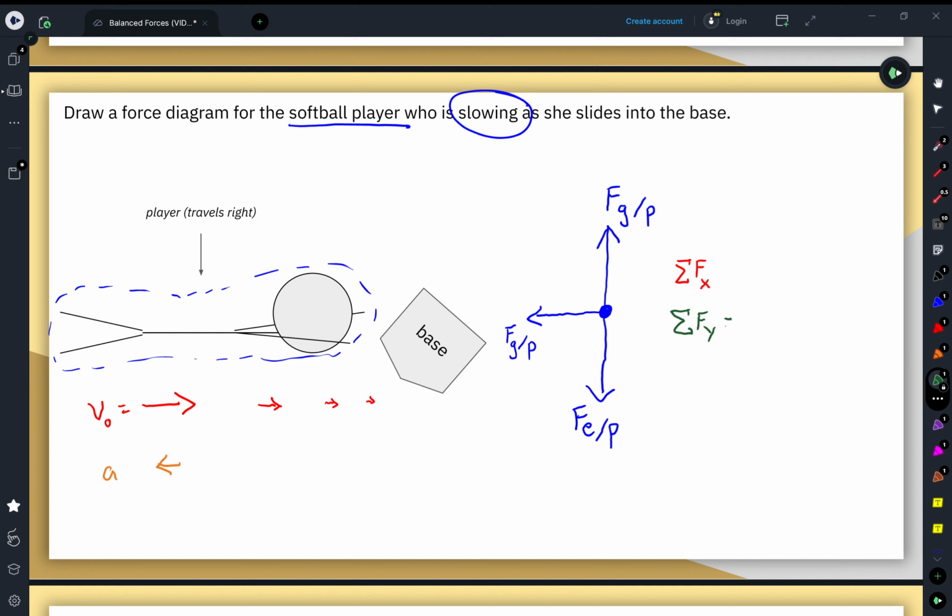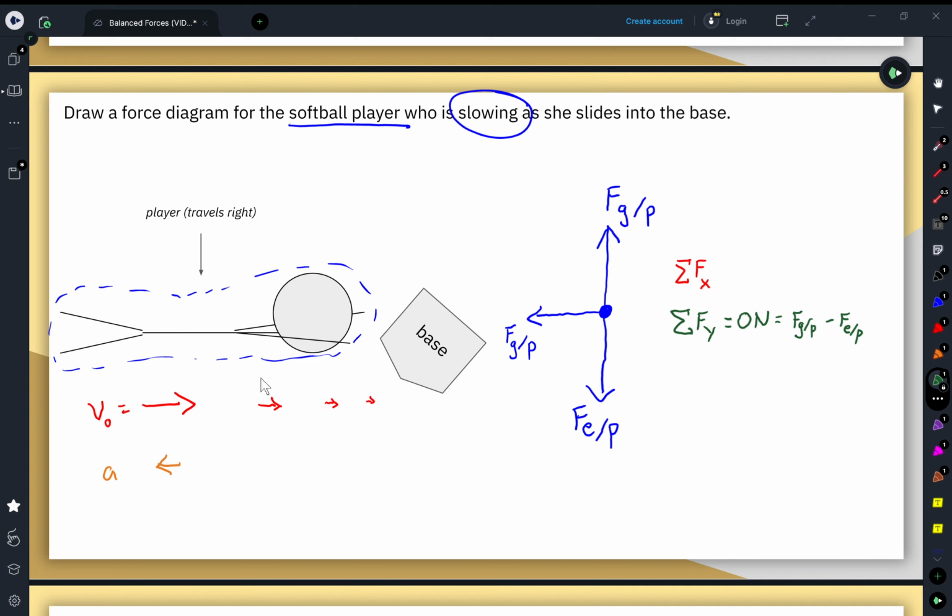Because for our vertical forces, overall, because we're not seeing any acceleration up or down, we know that those forces need to be balanced. So the upward force of the ground on the player balances out the downward force of the earth acting on the player. That force would be the gravity.